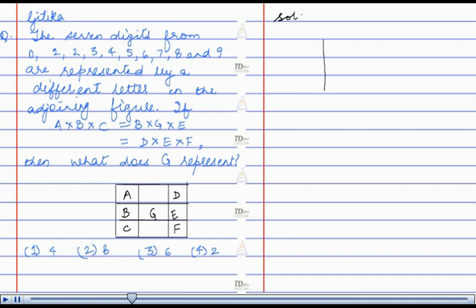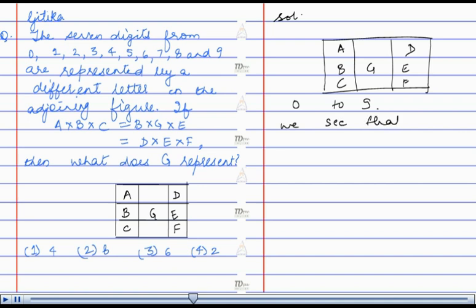In the given figure, which have A, B, C, D, E, F, G as integral values from 0 to 9, we see that for 3 products to be equal, none of the letters can have the numbers 0, 5 and 7.